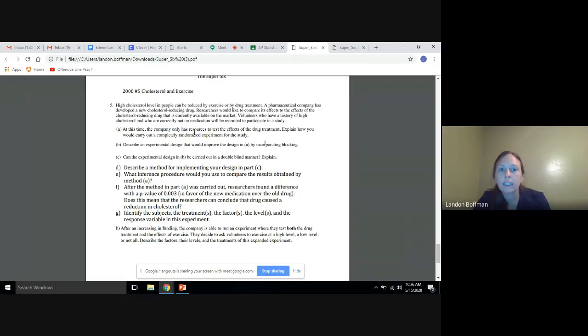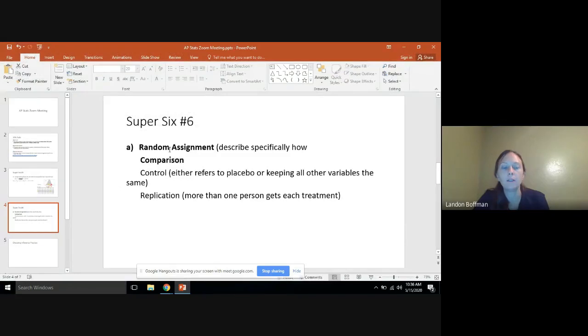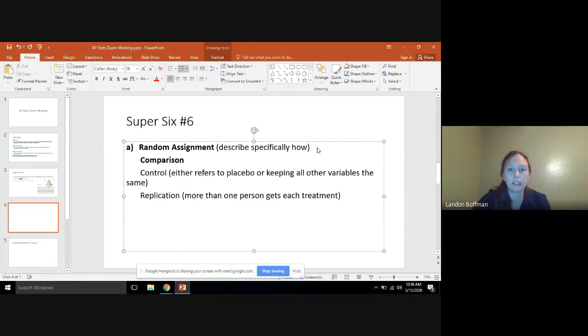So the first thing is it wants you to explain how you would do a completely randomized design. So I don't think I'm going to have y'all read it out, but what I want to show you is ideally, a good experiment has these 4 components. Now, the 2 that you really, I think, would have to make sure you write down is random assignment and comparison.